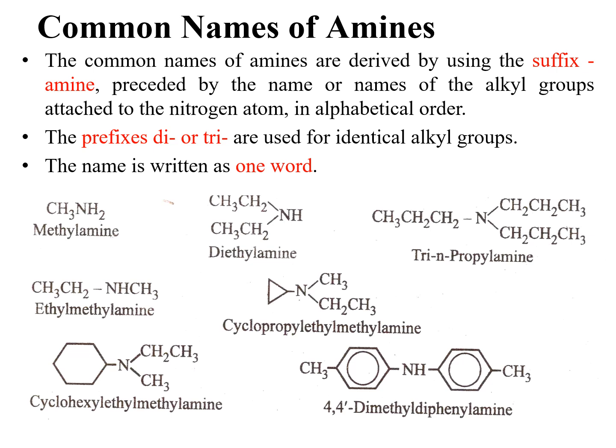So whenever there is a cyclo group, it will usually come first, because the alphabet C comes at the very start of our ABC. So cyclohexyl, then ethylmethylamine.